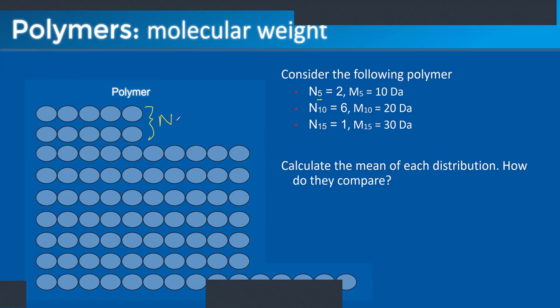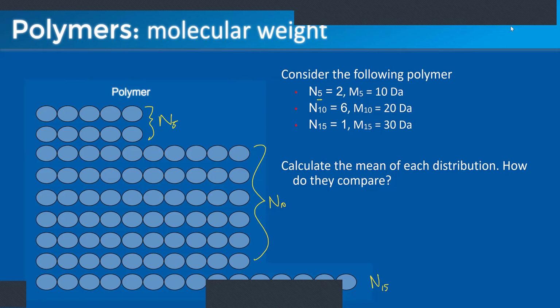This is the N5. 6 molecules with 10 monomers and 1 molecule with 15 monomers. And it looks like each mer has a molecular weight of 2 Daltons. So we have a different associated molecular weight with each of these populations. And we're asked to calculate the molecular weight distribution, the number averaged and the weight averaged molecular weight.